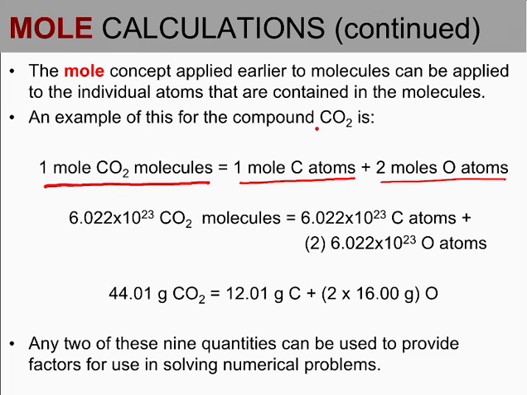So you'll notice in the formula for carbon dioxide, we have 1 carbon and 2 oxygens. So we can use that 2-to-1 ratio in order to determine the ratio between carbon dioxide and each type of atom.